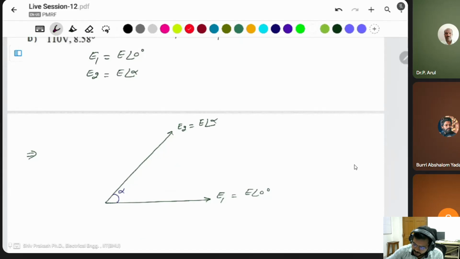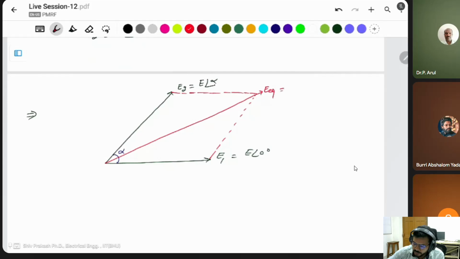This is the phasor equivalent, and this is E equivalent, which in this case is 200 volt. The magnitude of this one is given as 200 volt.